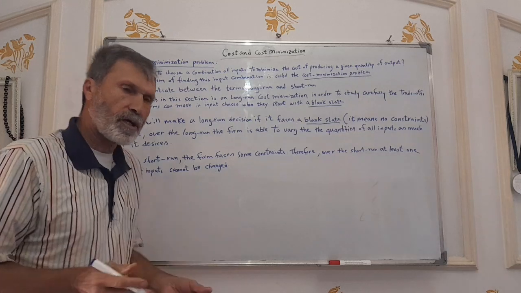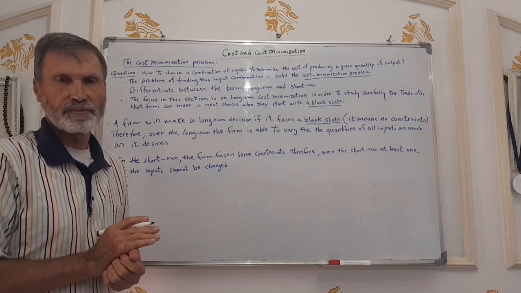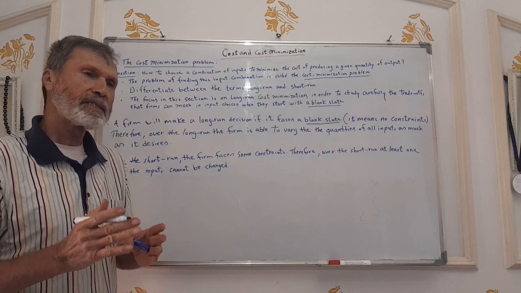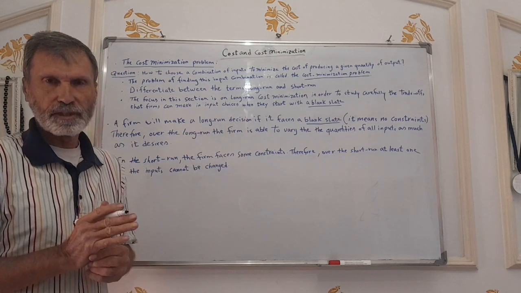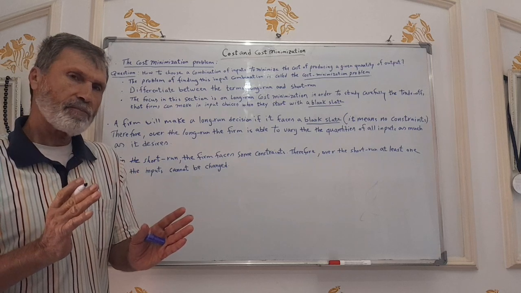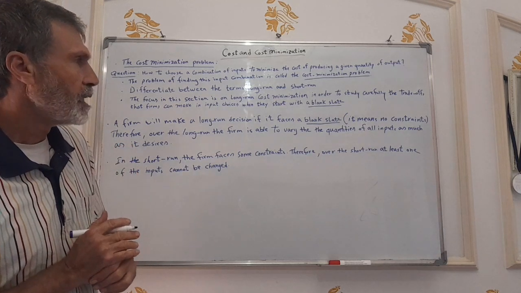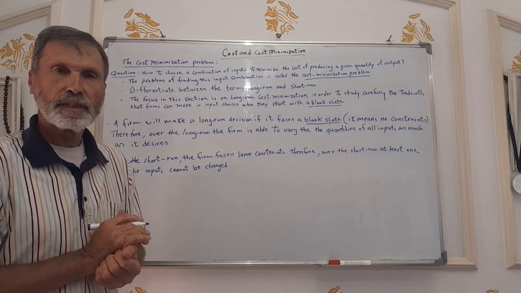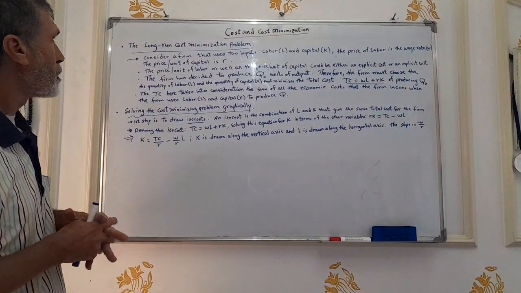So over the short run, the firm, of course, faces some constraints. So the firm is not able to vary the quantities of all of the inputs. So in the short-run time period, at least one of the inputs cannot be changed.